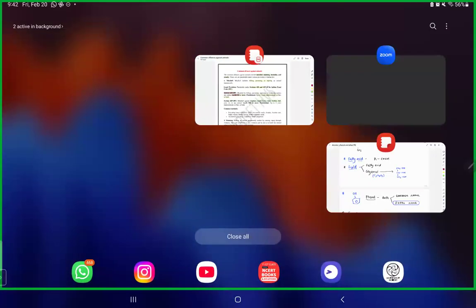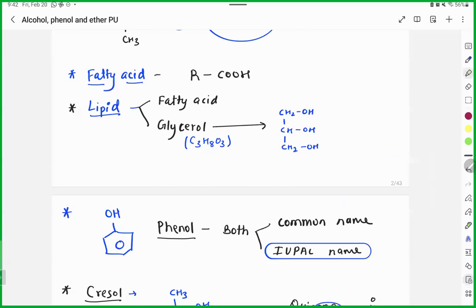Tell me what are the examples of fatty acid and what is the maximum number of carbon present in fatty acid? I don't know. You don't know.